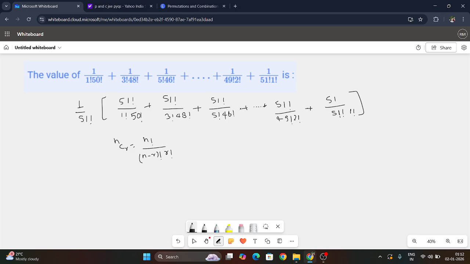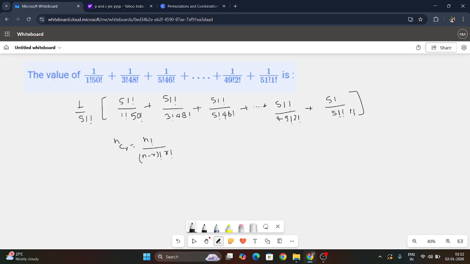And the last term: n is 51 and r is 49, and 51 minus 49 is 2 factorial. Plus you can consider 51 minus 51. Here 1 factorial is also 1 and 0 factorial is also 1.